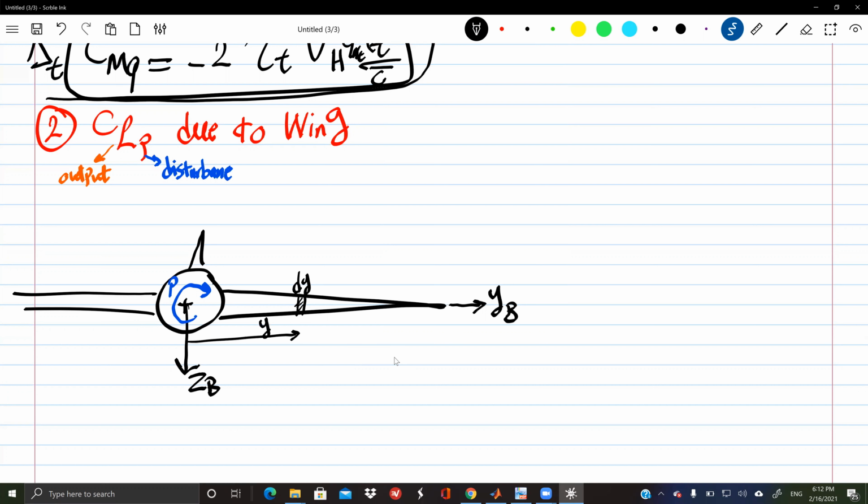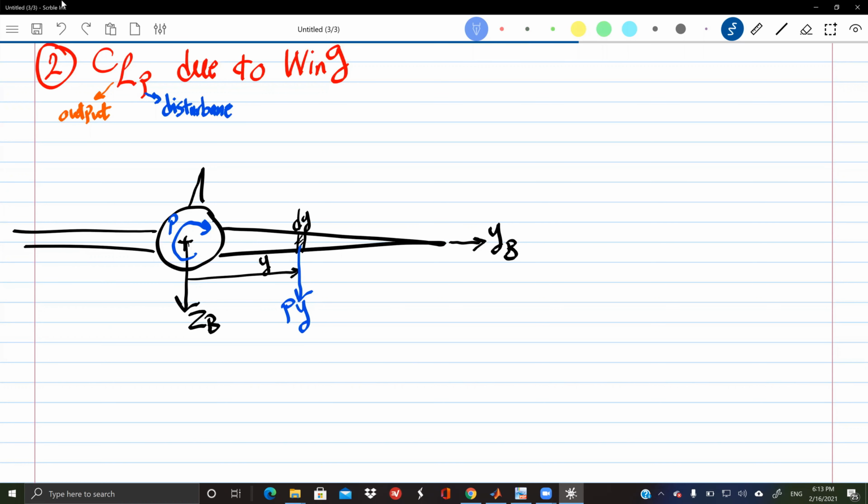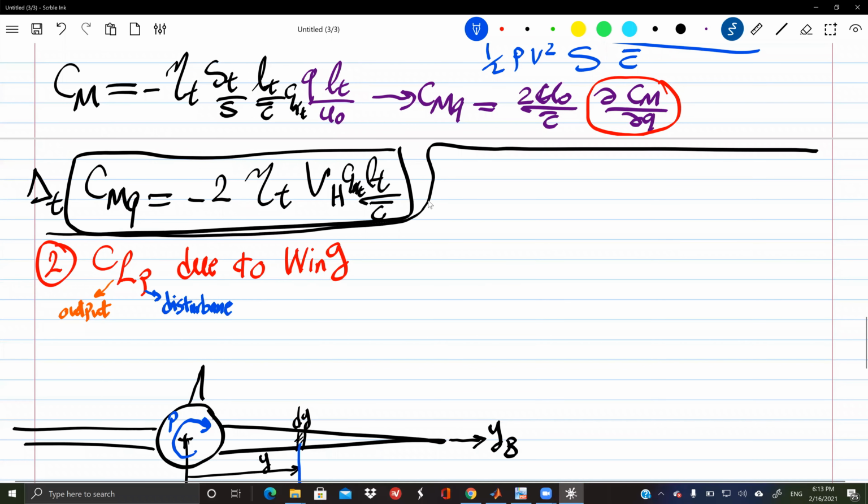For this particular station, how much will it move downward? Well, it's the omega times the radius. My omega is P, the radius is y, right? And here is the airfoil section.